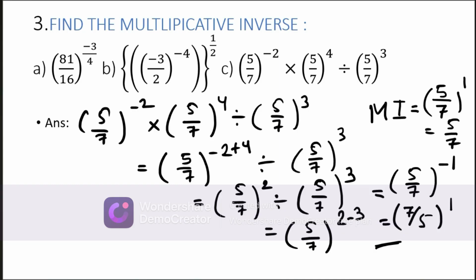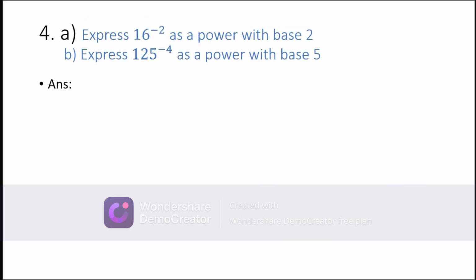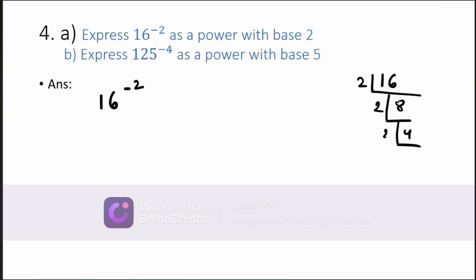Now go to the next problem. Express 16 to the power -2 as a power with base 2. So 16 to the power -2. If we start the factorization of 16, 2 8s are 16, 2 4s are 8, 2 2s are 4, and 2 1s are 2.